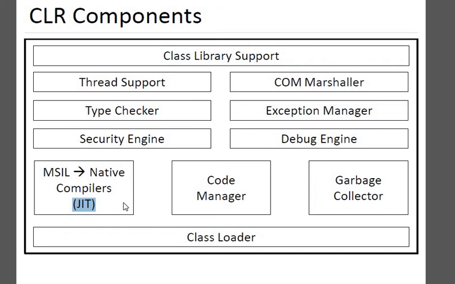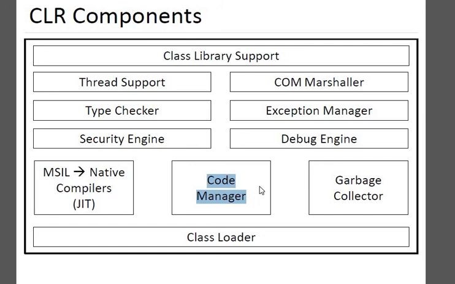The JIT compiler in the CLR, again I am going to repeat this, converts the Microsoft Intermediate Language, MSIL, into our native code or machine code that is specific to the computer environment that the JIT compiler runs on. The compiled MSIL is stored so that it is available to subsequent calls if required.